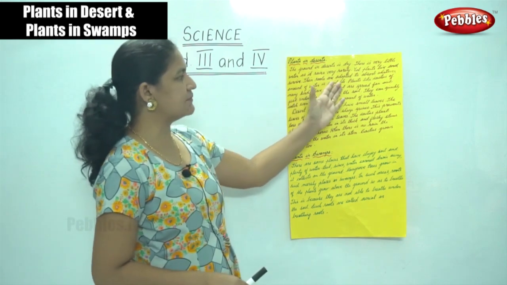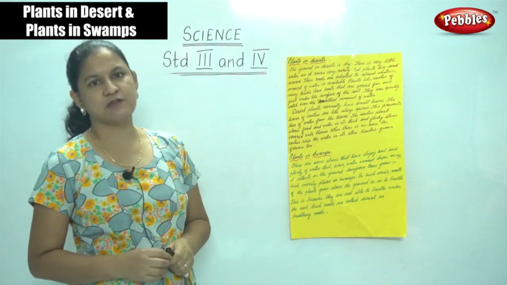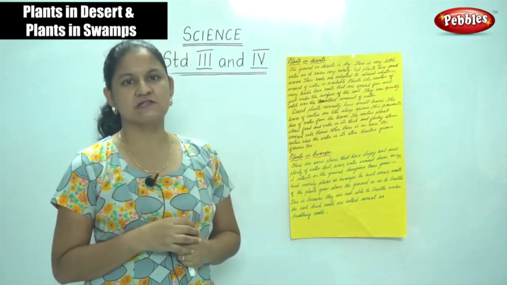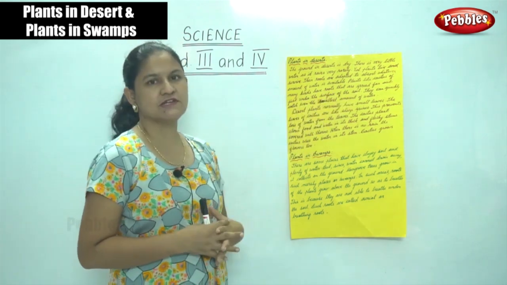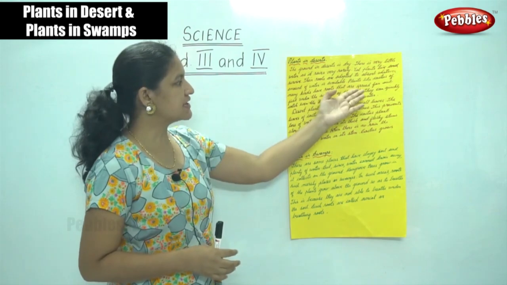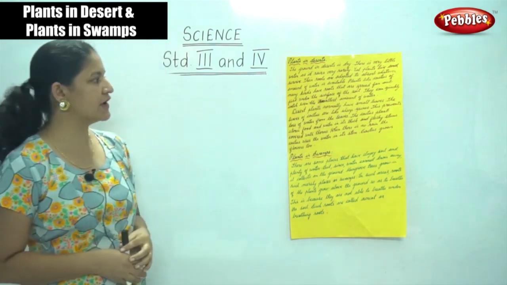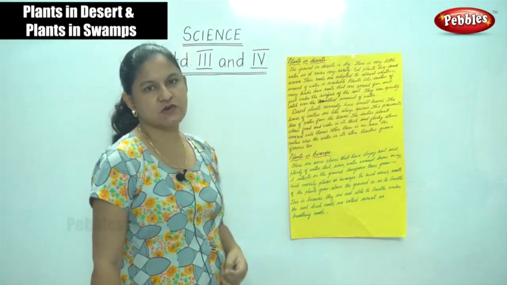Their roots are adapted to absorb whatever amount of water is available. So the roots of these plants are able to absorb whatever amount of water is available. Plants like cactus of many kinds have roots that are spread far out, first under the surface of the soil.